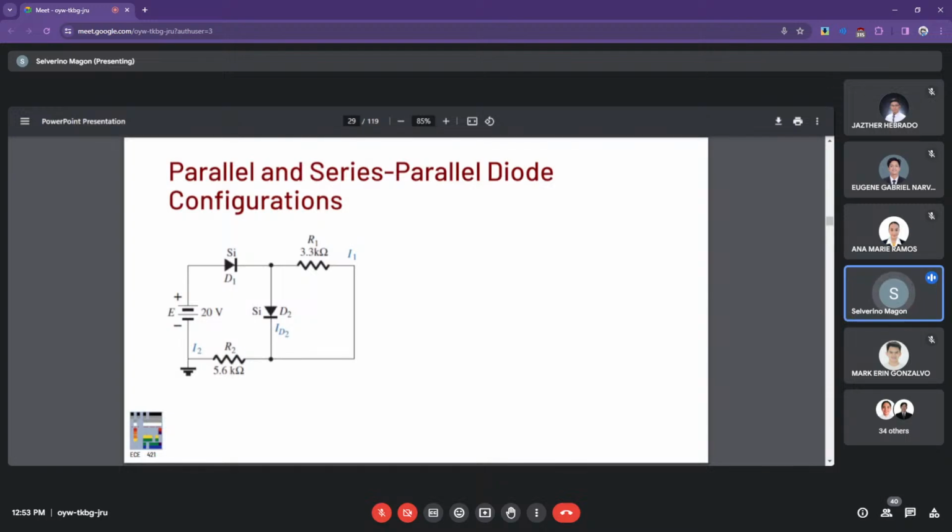Since KCL describes the current entering the node, ID2 and I1 should be equal to the one leaving the node. So again, the equation becomes I2 is equal to ID2 plus I1. And I2 minus I1 is equal to 3.3 milliamps minus 0.2 milliamps. So ID2 is at around 3 point something milliamps.